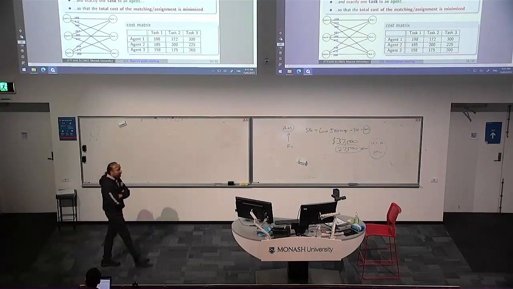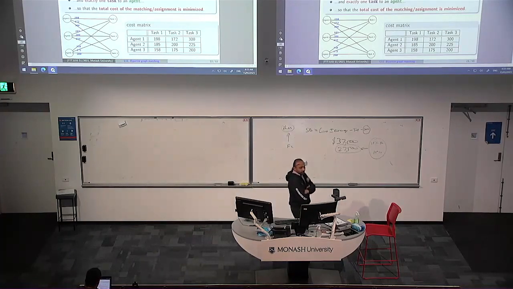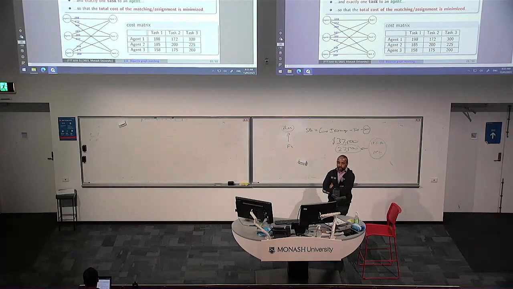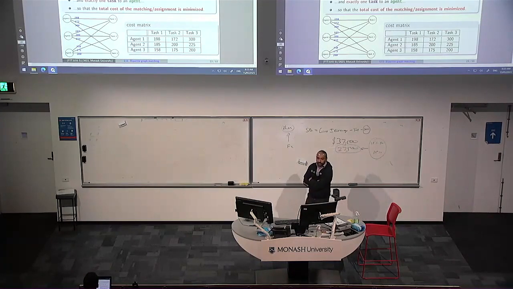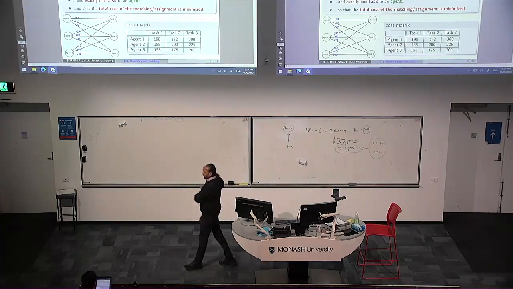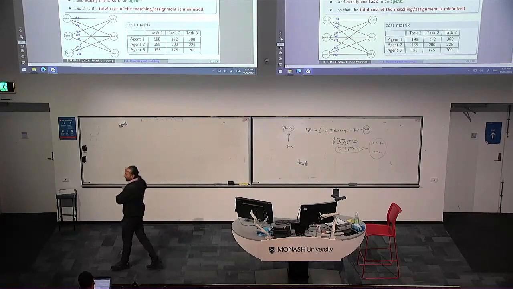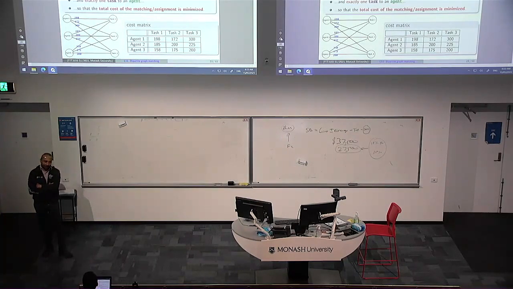So there's a cost associated with pairing up an agent with a task, and then you want to find an assignment where one agent is paired with one task, and the task is paired with one agent in the reverse way.